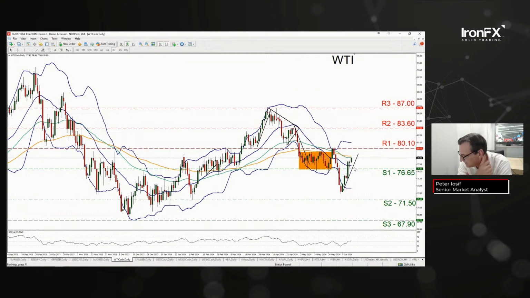The third element I would be noting here would be the release of OPEC's monthly market report, but also IEA's monthly oil market report. And we're getting some conflicting messages here. On the one hand, you have OPEC.